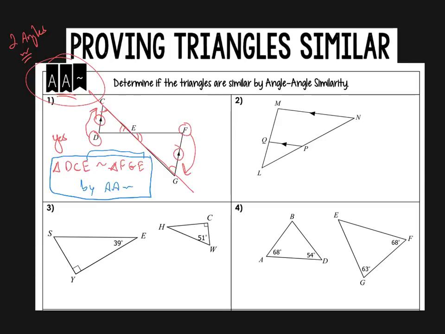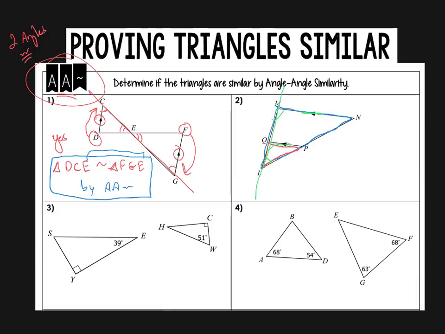Moving on to number 2. Number 2, I have a big triangle here, and then I have a small triangle here. Now obviously they share the same angle up at angle L, so angle L is going to be congruent to itself. I have some parallel lines right here, making this a transversal, which means that these angles are congruent.